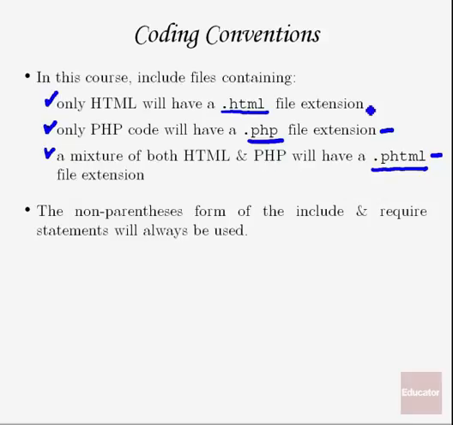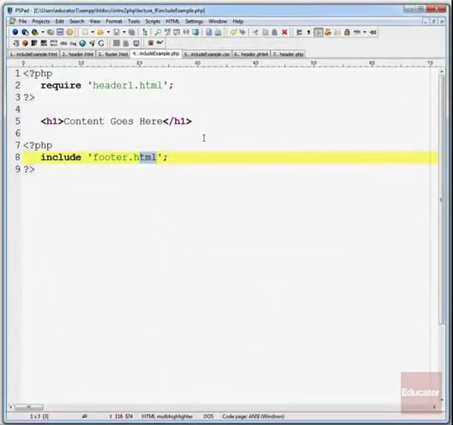Whereas if it's just an include file with .html, assuming we follow the convention of only including HTML in our .html include files, we know that we don't have to look there for PHP errors. The other thing we do in this course is we always use the non-parentheses version of both the include and require statements.